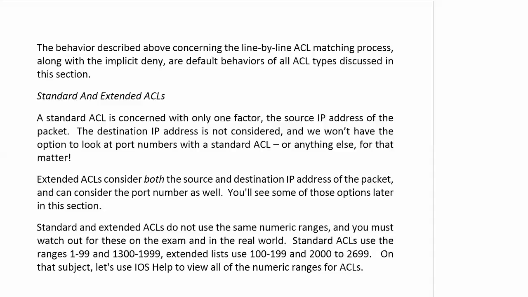So instead, to just make a couple of huge ranges, they made 1300 through 1999 for the standard and 2000 to 2699 for the extended. So know all four of those ranges. And believe it or not, there are organizations that bump up against that ceiling. But we have a way around that with another kind of access list that we'll talk about later.